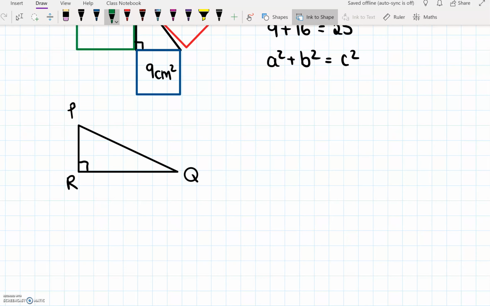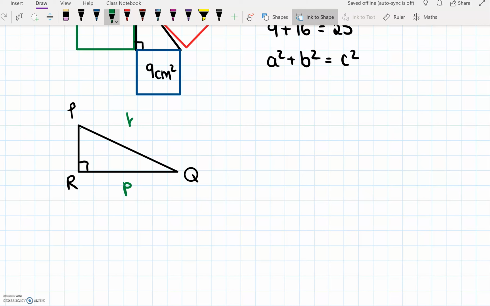So this side over here, side RQ, what is it in the case of this triangle? Well, RQ is opposite angle P, so it's going to be side P. Side PQ, remember, is the hypotenuse.